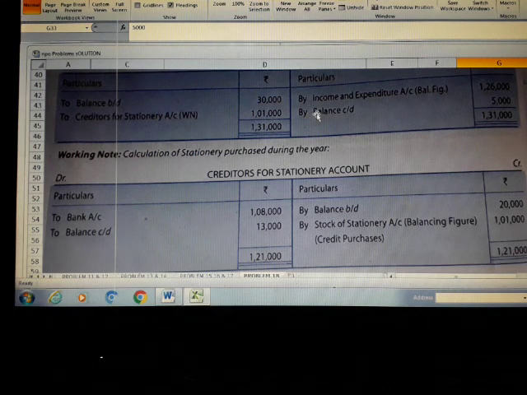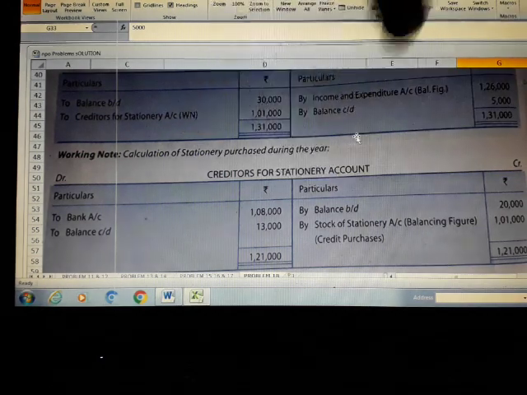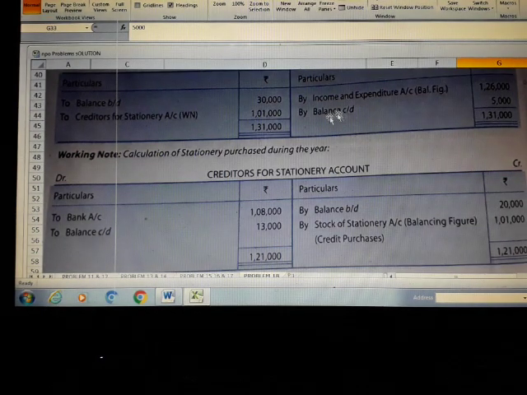When I purchase any stationery on credit basis from a creditor, the journal entry will be the respective stationery account. Whatever the stationery, I will be debiting it to creditor's account. So that's the reason I drop the amount of creditor, that is creditor for stationery, on my debit side.